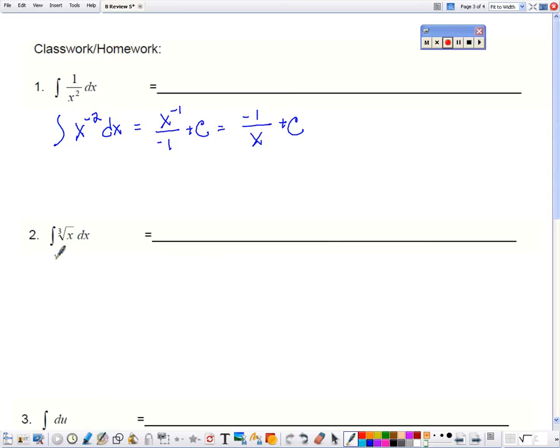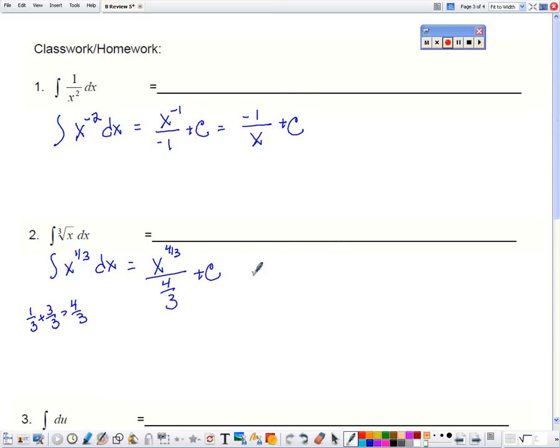Again, here I'm going to change it to a power. So then 1/3 plus 1 is 4/3. So I have x to the 4/3 over 4/3 plus c.